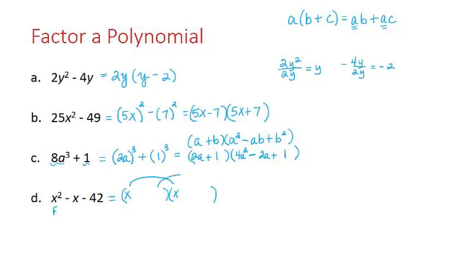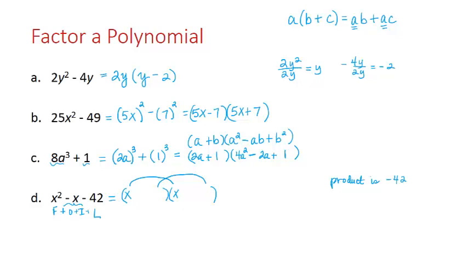The last two terms are what gives me this negative 42. So for the negative 42, I have to find two numbers whose product is negative 42, but the outer and inner have to combine to be this middle term.